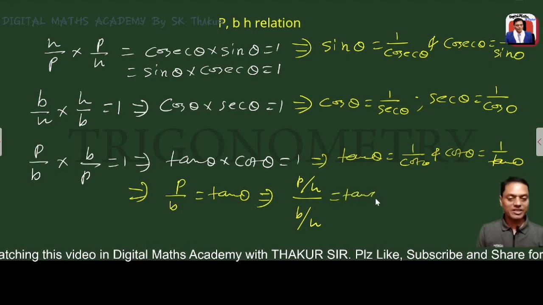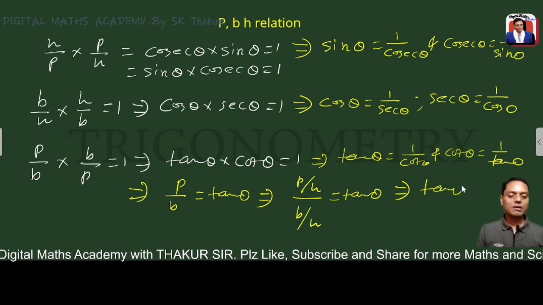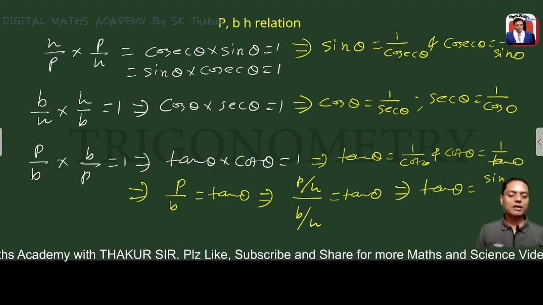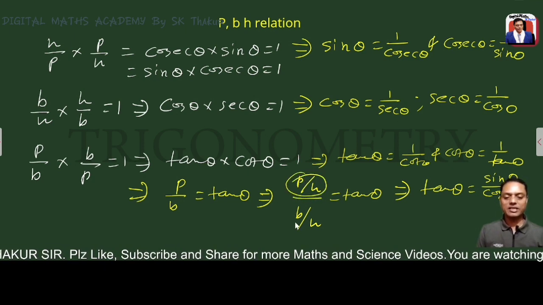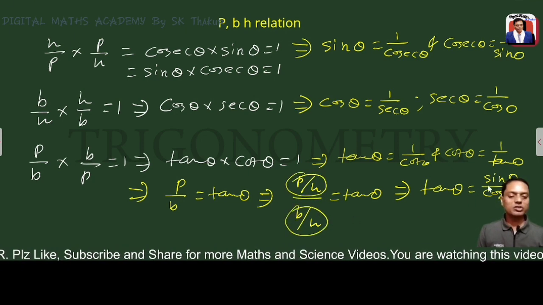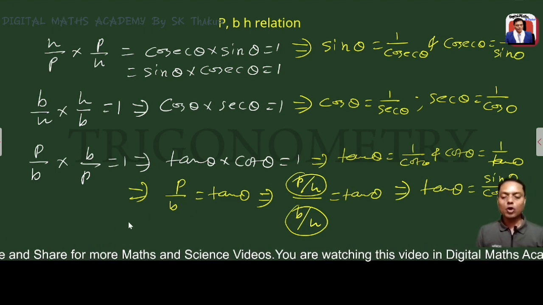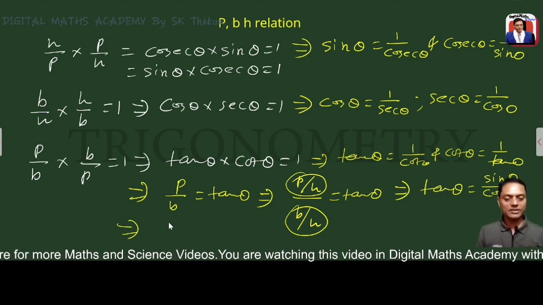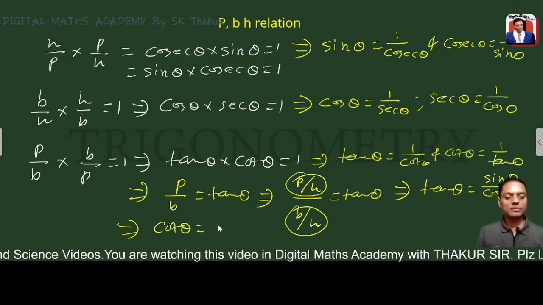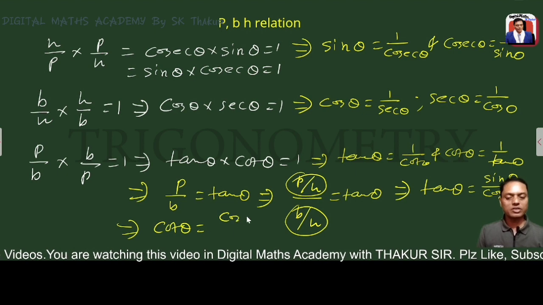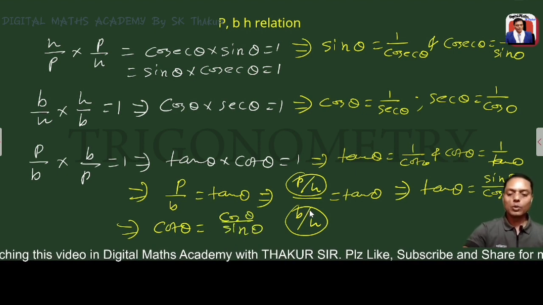This becomes tan theta equals sin theta by cos theta, because P by H is sin theta and B by H is cos theta. Cot is just opposite to tan, the reverse of tan, so cot theta equals the reverse of sin by cos, that is cos theta by sin theta.